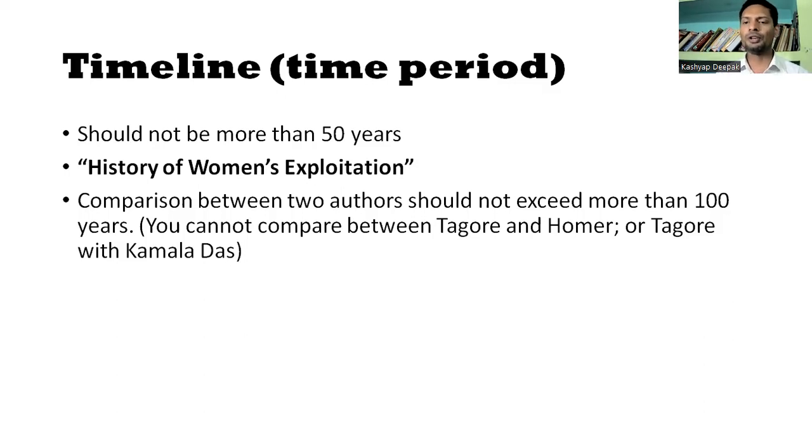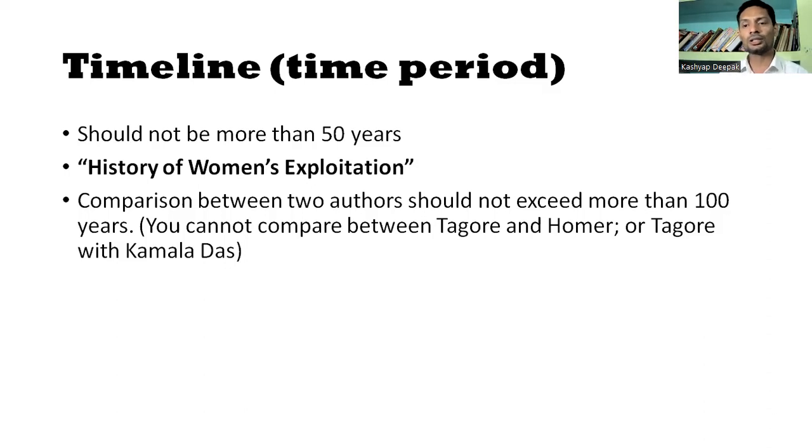So the title should be very limited, like exploitation of women in Haryana. Then it would make sense, or Haryanvi literature, or Bihar literature, or Bhojpuri literature, Awadhi literature, and so on. In that sense, we are going to do justice. Or exploitation of women in a particular writer you can choose. So that should be the case, and that is why the timeline is important.